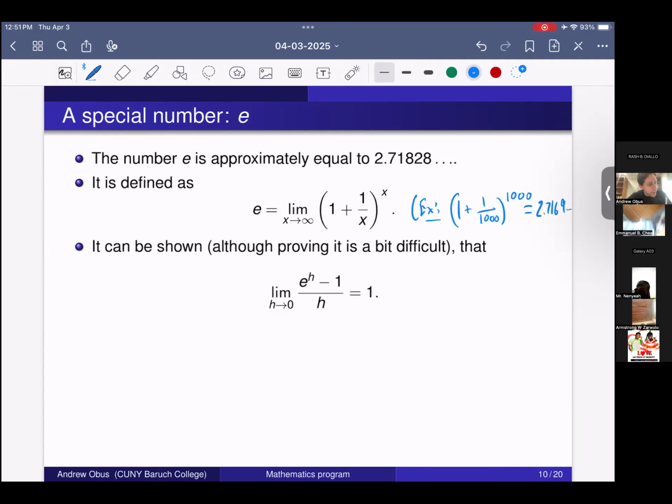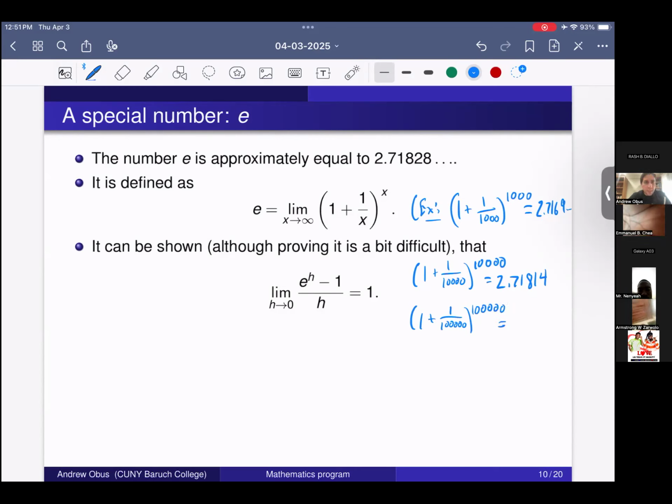And then maybe I'll try what happens if I add another digit. Let's say I have (1 plus 1 over 10,000) raised to the 10,000. That turns out to be 2.71814. And maybe I'll just do one more. (1 plus 1 over 100,000) raised to the 100,000.